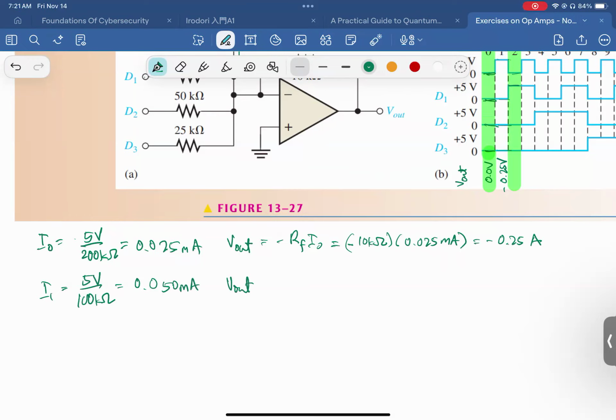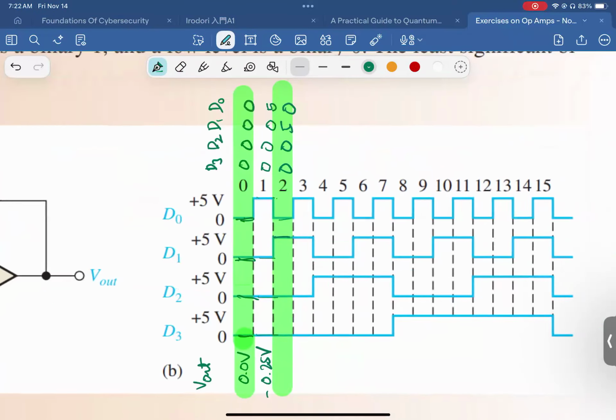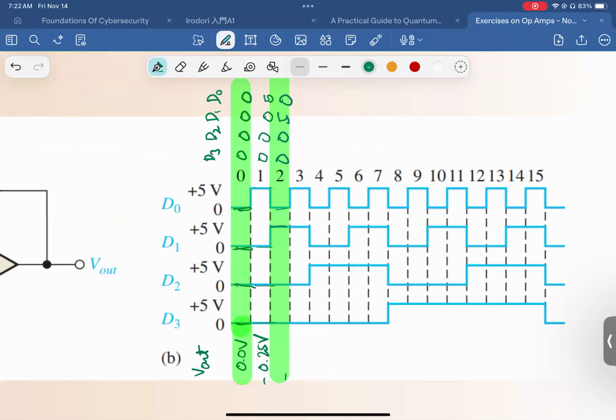So yung corresponding output voltage is negative RF I1, equal to negative 10 kilo ohms times 0.050 milliamperes, or negative 0.50 volts.